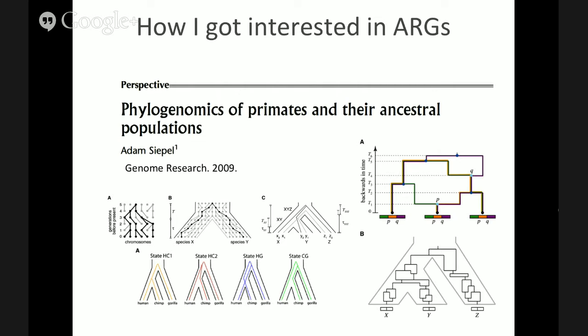And that's called the ancestral recombination graph, and just showing a lot of the figures from the paper, you can really see that there's a lot of rich information there, and so that was maybe the very start of my interest in the problem. And it turned out that for my postdoc I ended up working in Adam Siepel's lab.